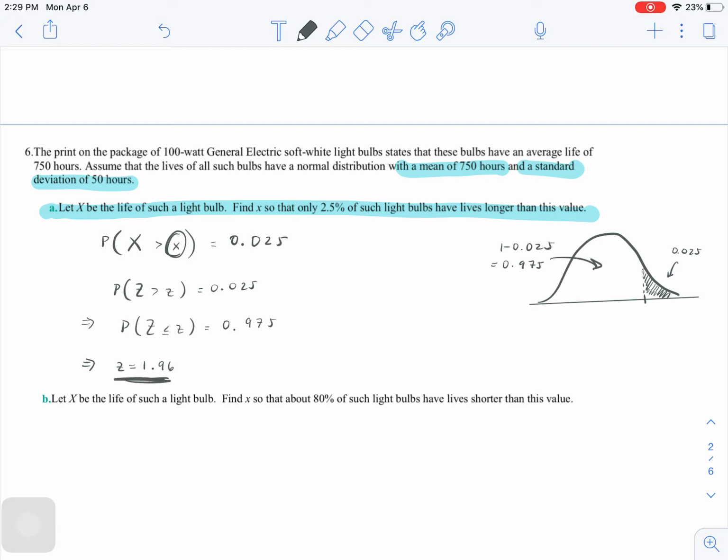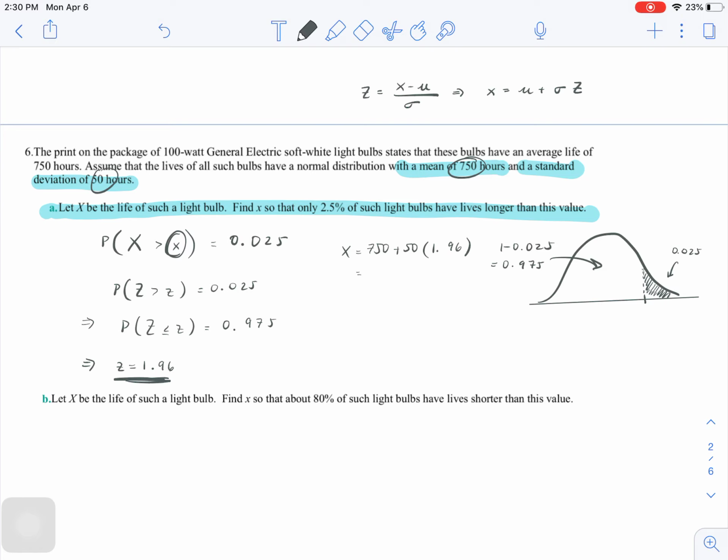We just want to put that in terms of our original random variable, which is the lifetime of a light bulb. So remember, to convert from z-score back to x, we simply rearrange this formula and get that x equals mu plus the standard deviation times z. So x is equal to our mean, which is 750, plus the standard deviation, which is 50, times our z-score of 1.96.